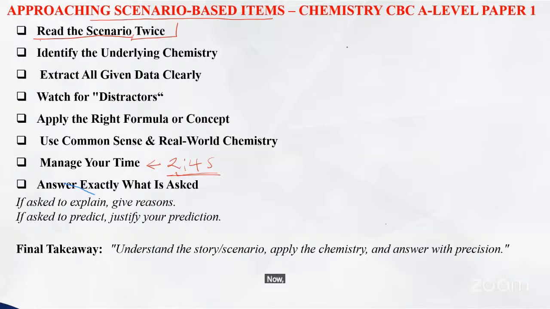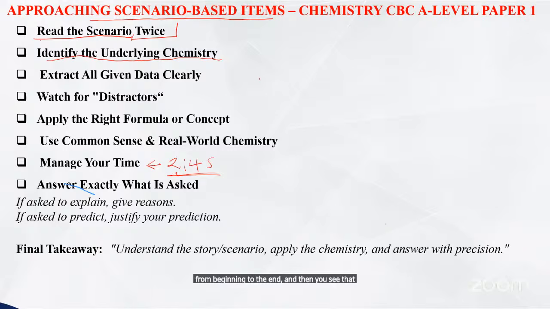Now, after reading the scenario, identify the underlying chemistry. We don't want you to come and talk about any other content. We want you to talk about chemistry. So read the scenario twice. The reason I want you to read it twice is you move from beginning to the end and then you see the task.